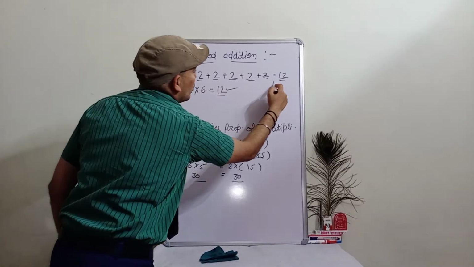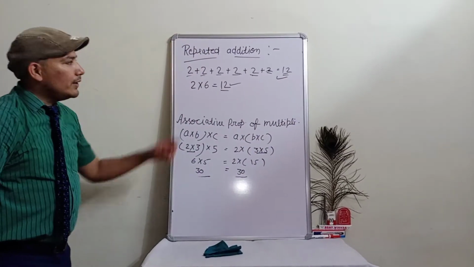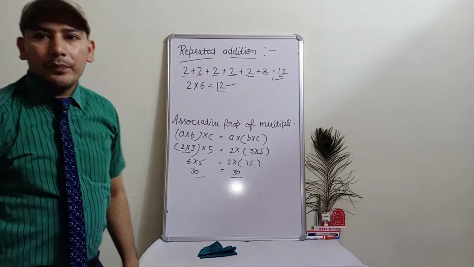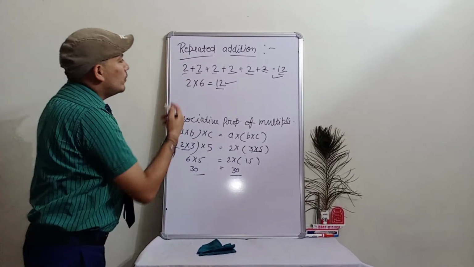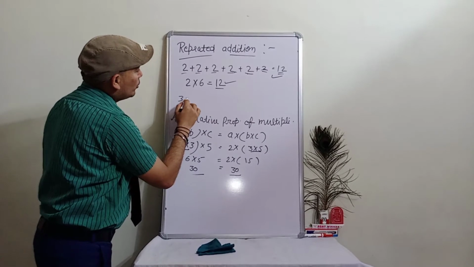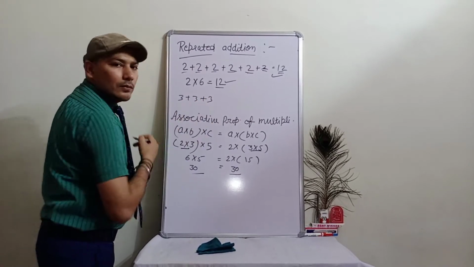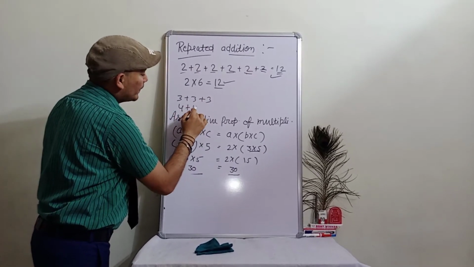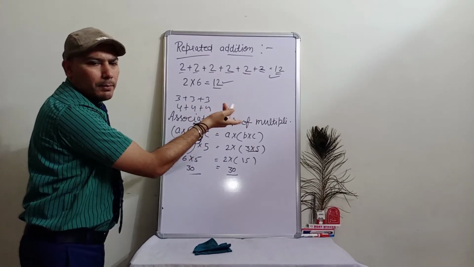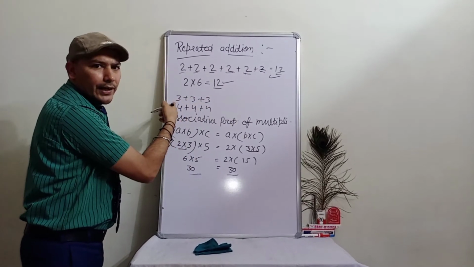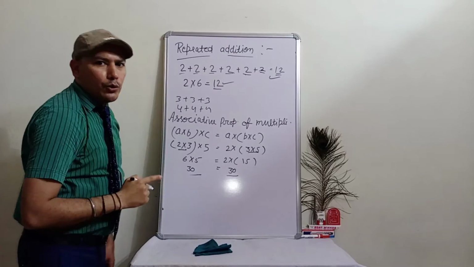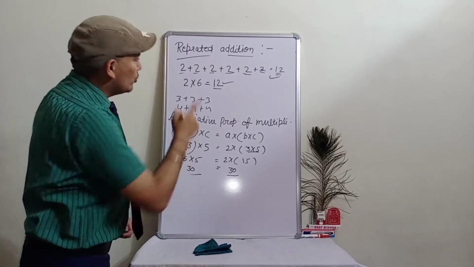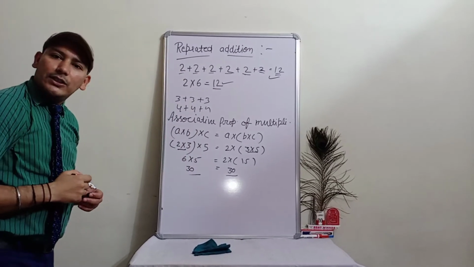These both are the same. So it is repeated addition. We can do this with 3 also, 4 also, any number, but the same number will be repeated many times. So it is known as repeated addition.